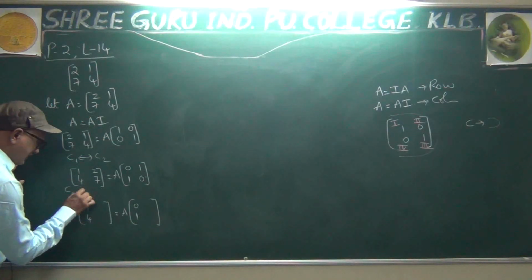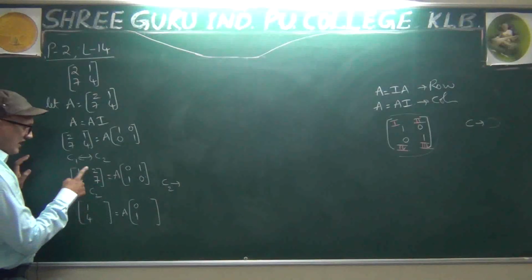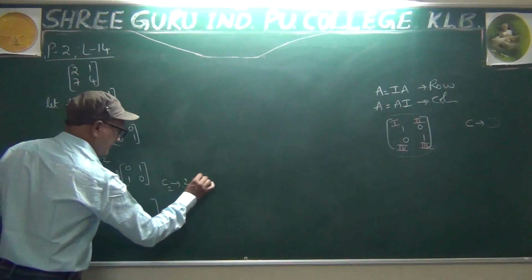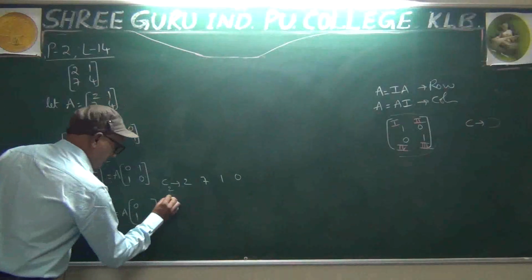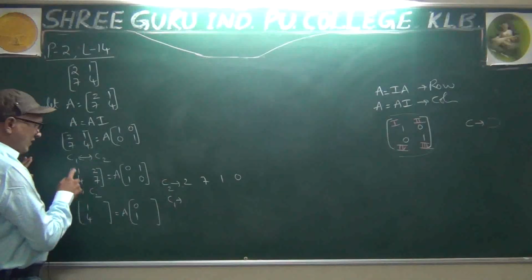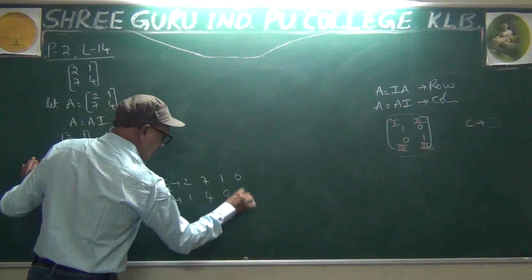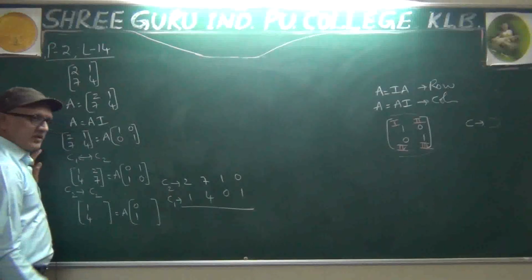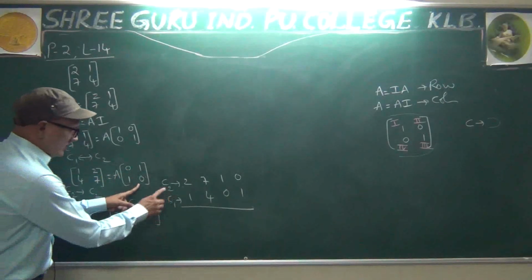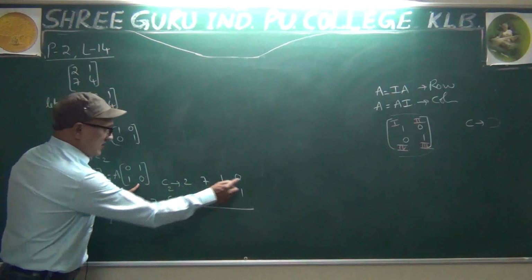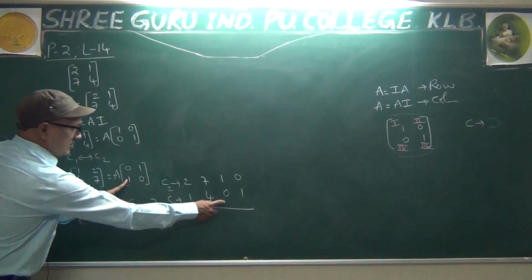We are changing the second column. The elements in the second column are 2, 7, 1, 0. The first column is 1, 4, 0, 1.